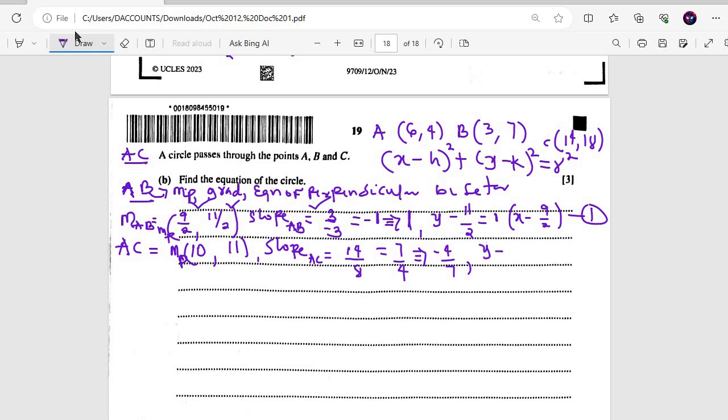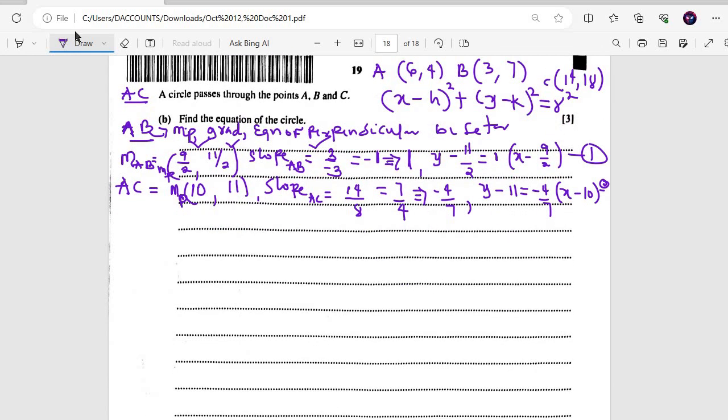Y minus y1 equals minus 4 over 7 times x minus x1. That's equation 2. So solve equations 1 and 2 together.